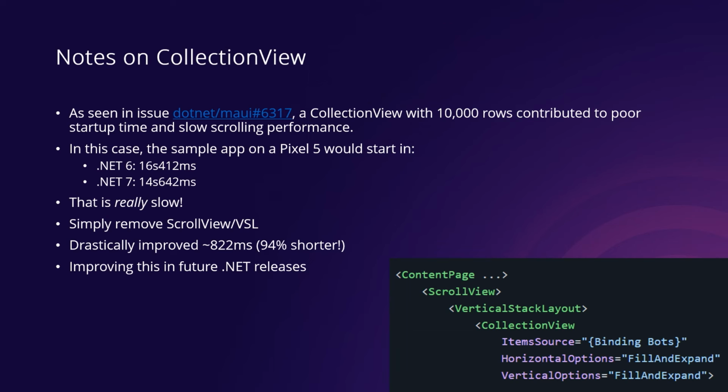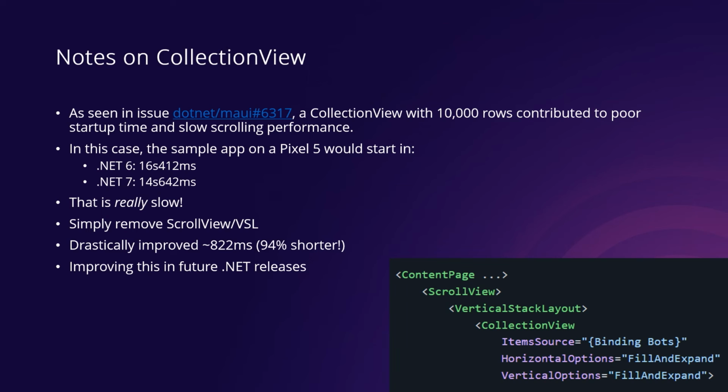So maybe their layout is more complicated and this is what they ended up with, I'm not sure. But what happens is the collection view expands the vertical layout as high as it'll go, right? And so every row will actually fill out its contents. So this made the app start incredibly slow if you have this set up.